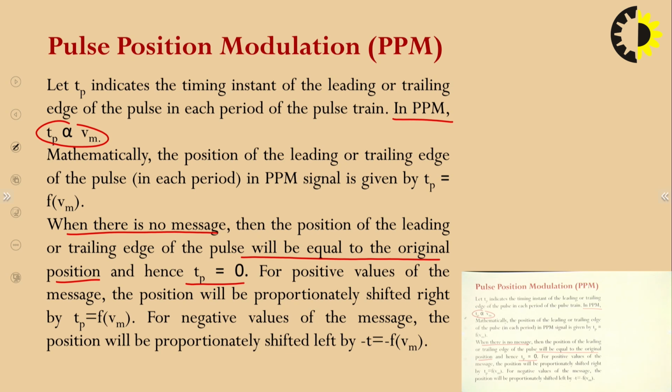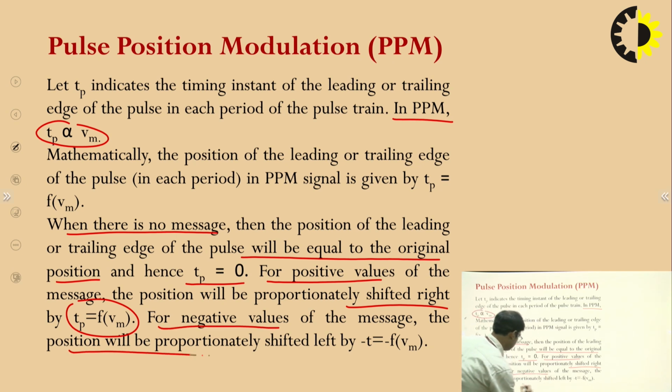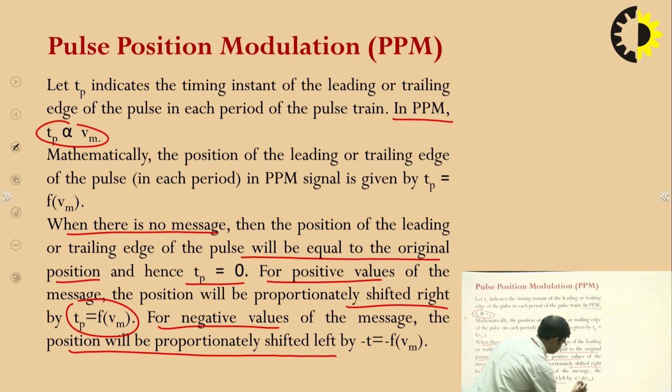For positive values, the position will shift right by some function, and for negative values, the position will be proportionally shifted left. Okay.